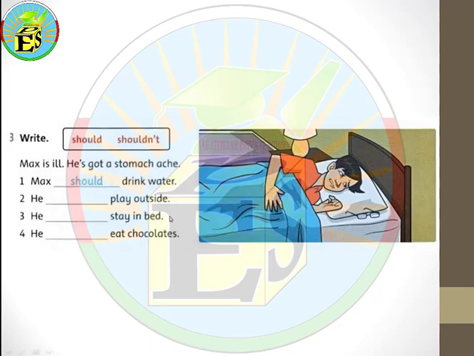He dash stay in bed. He should stay in bed or he shouldn't stay in bed. Which one is the correct one? Number 4. He dash eat chocolates. He should eat chocolates or he shouldn't eat chocolates. Well, I want you to stop the video if you want some more time. Try to solve these questions and then check the answers.